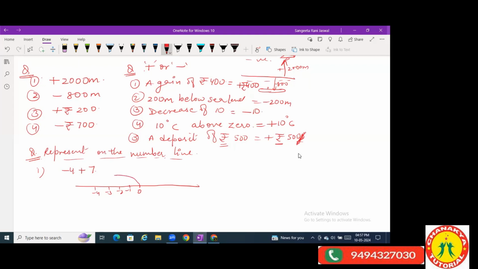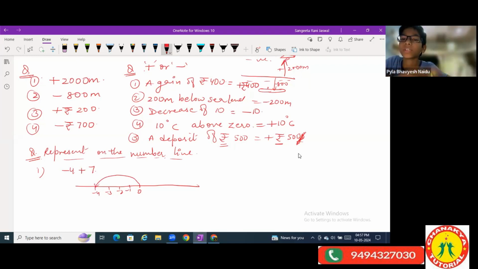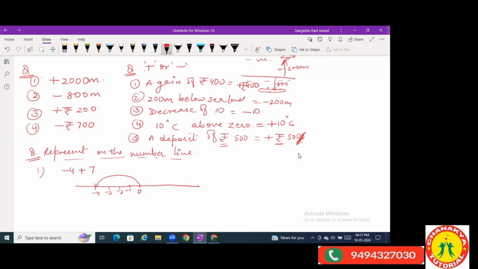First, we will jump on -4. Then we'll move 7 steps towards the right side. 1, 2, 3, 4, 5, 6, 7. Right here. So that means we have reached that number 3.